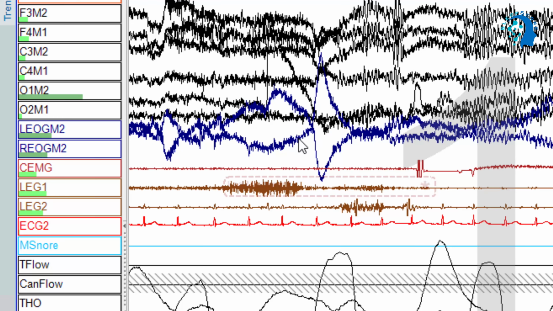Here it was red. After some time it turned to green. So look, red, red, green. What happens is sometimes when the patient is moving, the electrode may get loose. When the electrode gets loose, the impedance value goes higher.